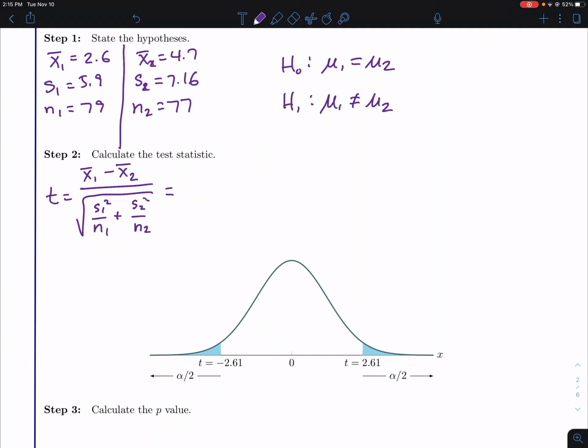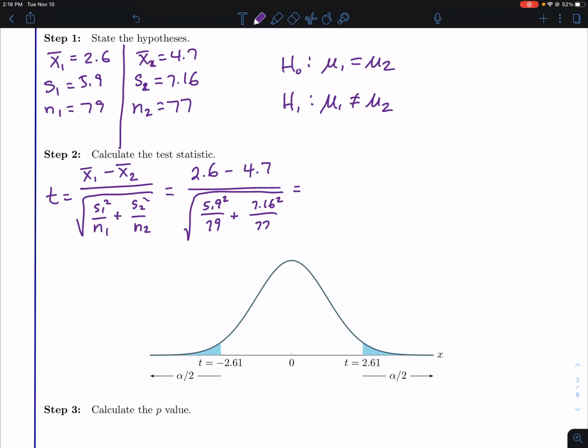It's just going to be considered 0 at this point. So our x1 was 2.6 minus our x2 was 4.7. And our s1 squared is 5.9 squared all over 79 plus 7.16 squared all over 77.